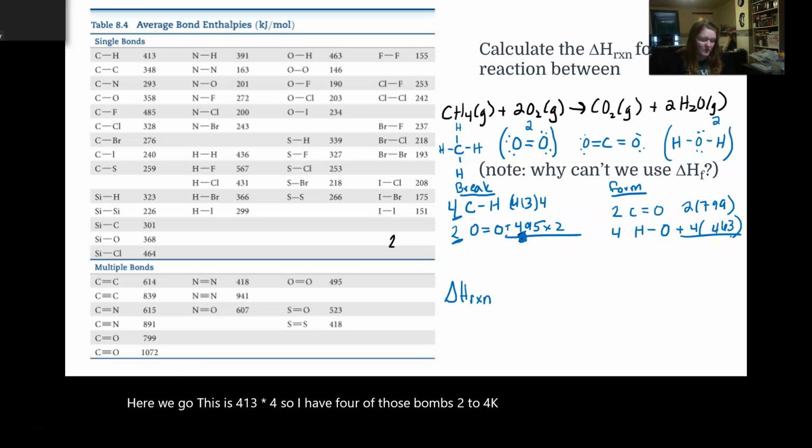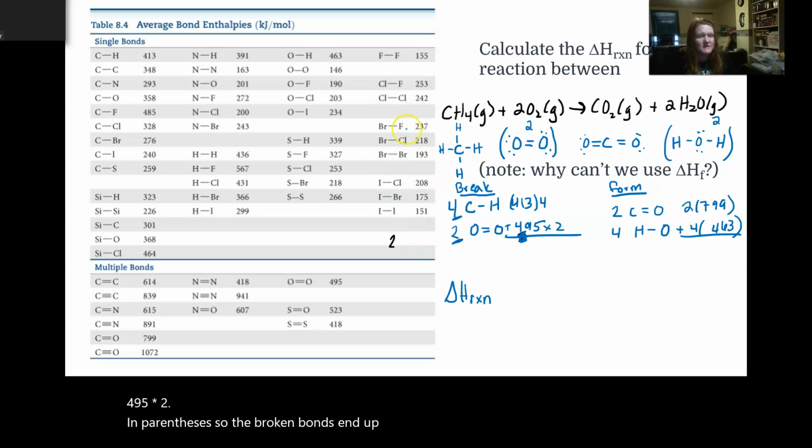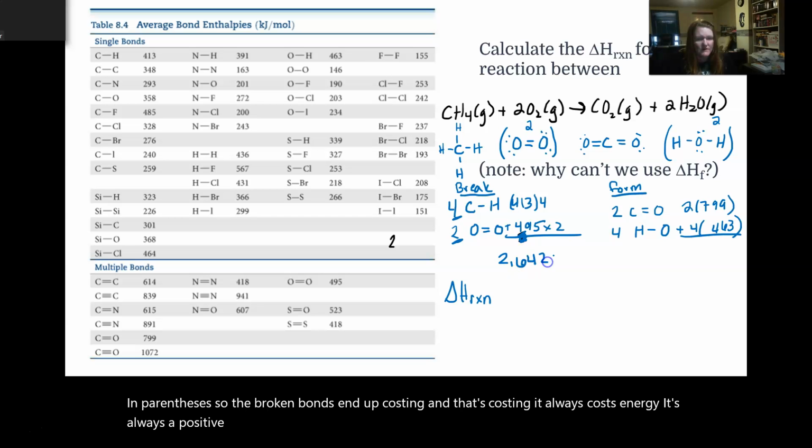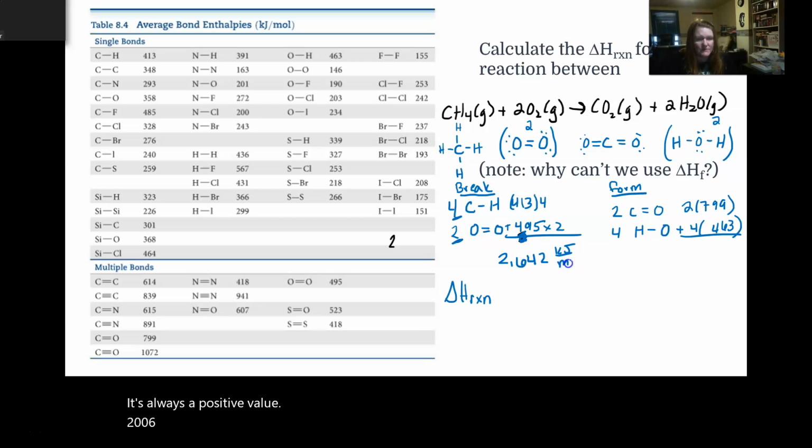So we just go 4 times 413, which is 1,652, plus 495 times 2 in parentheses. So the broken bonds end up costing, and it always costs energy, it's always a positive value, 2,642 kilojoules per mole to break all of those.